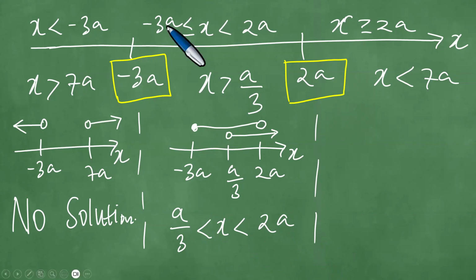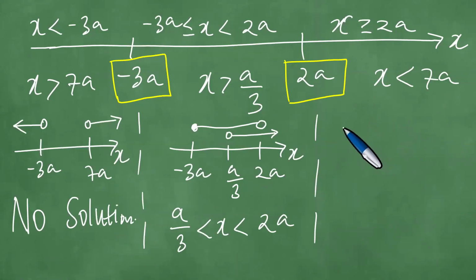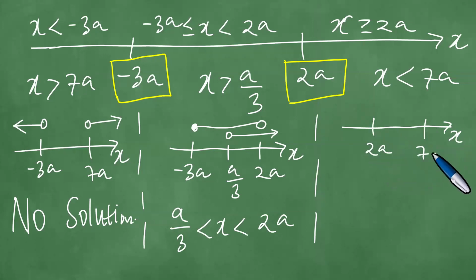Now, we have this part here where x is greater or equal to 2a, and we achieved x is less than 7a. We plot our number line like this, 2a and 7a.